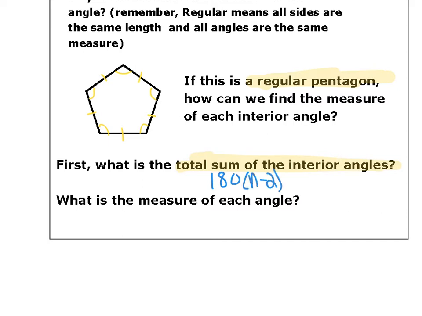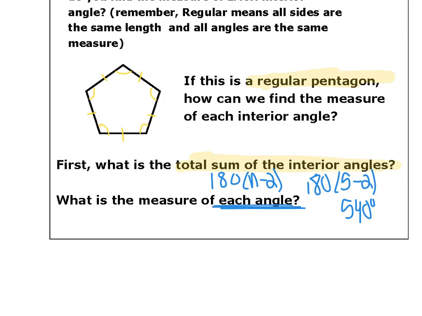And remember, this is a pentagon, so that means it's going to be 180 times 5 minus 2, which is 180 times 3, which is 540 degrees.